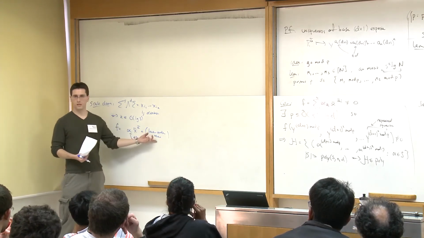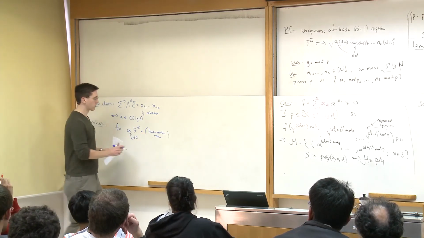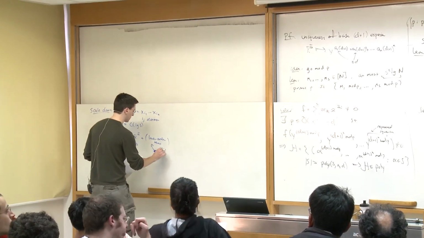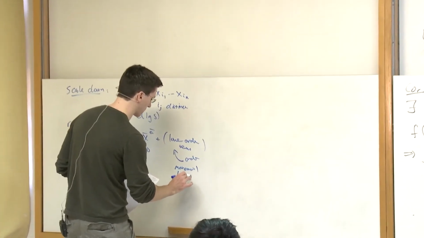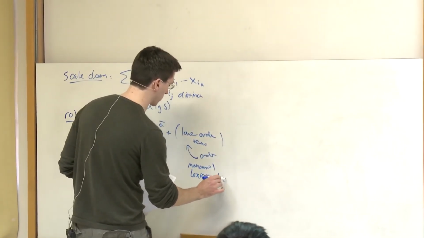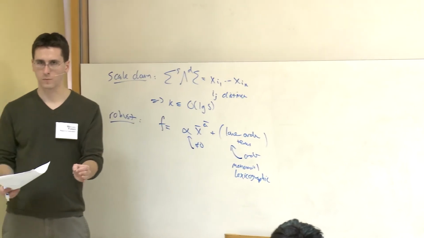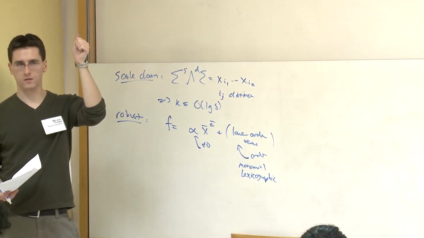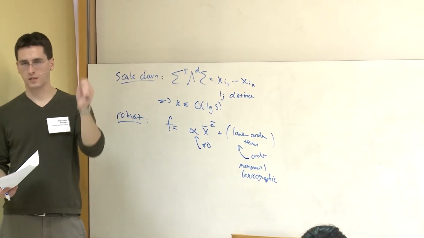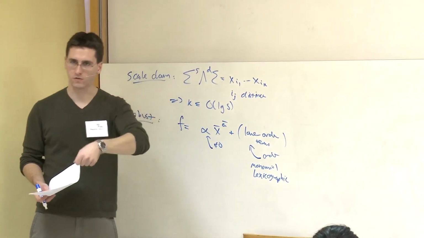Now the difficulty is, what does it mean to have lower order terms? I want to order monomials lexicographically. Lexicographically means the usual dictionary order. You look at the first variable, you sort monomials by the first variable, so the highest thing is first, and then you break ties by the second variable, and then you break ties of ties by the third variable, and so on.